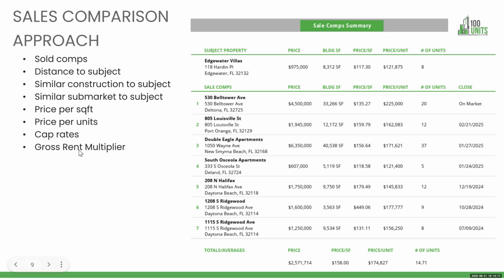Gross rent multiplier, to me, is way easier to standardize, because it's very easy from an outside observer to say, oh, I can see what the rent is, and I can see exactly what the cost of the asset is per unit. And I can compare those very easily from the outside. And I know that then the operating expenses should average out.